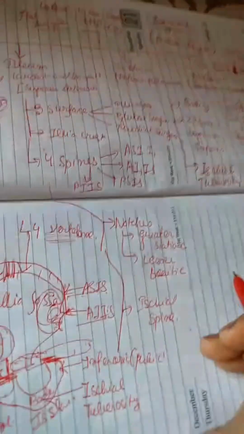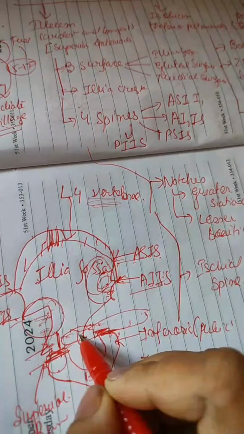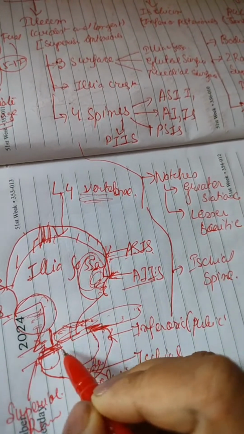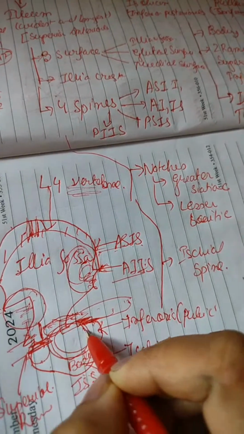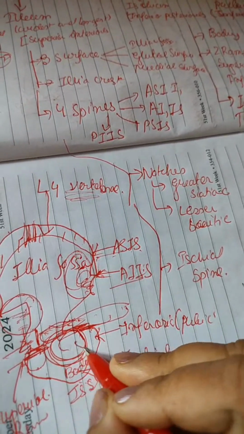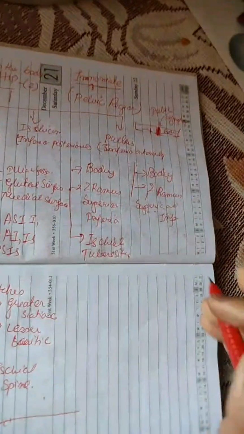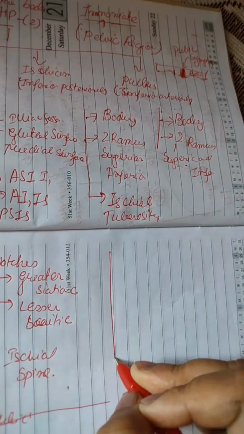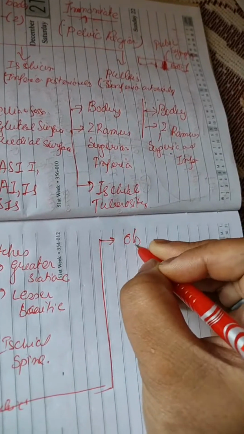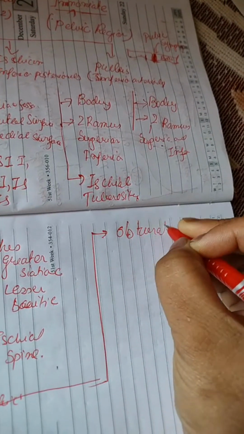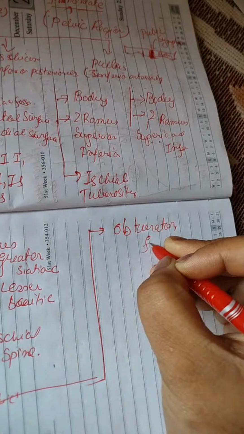Additionally, the junction of the rami of the ischium, pubis, and ilium forms a circular opening. This circular opening is known as the obturator foramen.